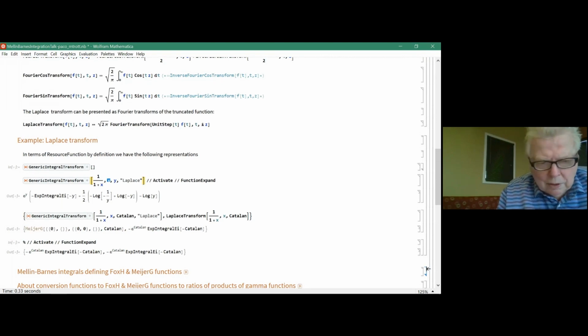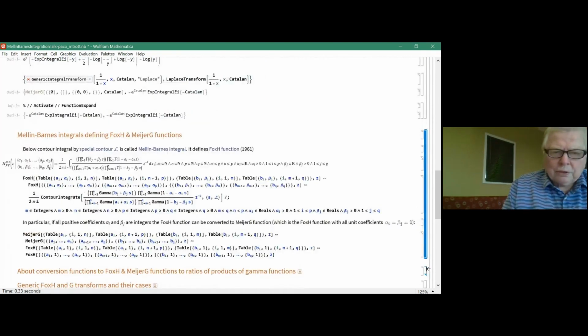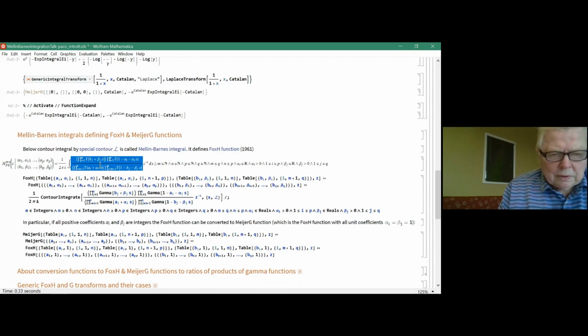Now I can go to the definition of the FoxH and MeijerG functions. This is the FoxH function. As I told, we have an integral along a vertical line or a special loop L, and here we have a product and ratio of many gamma functions.